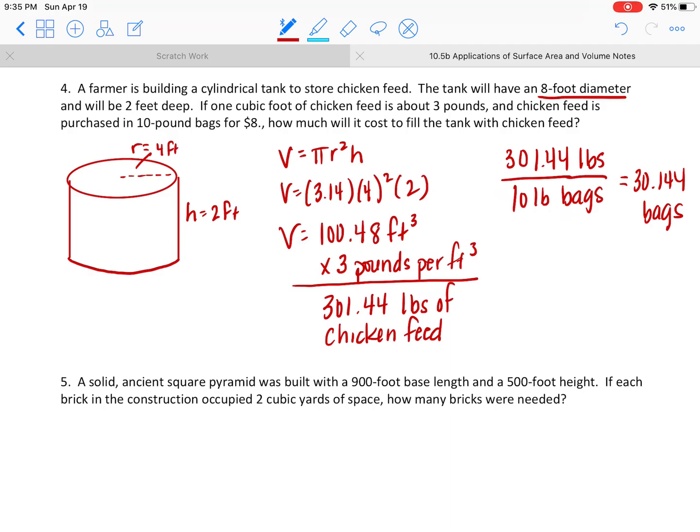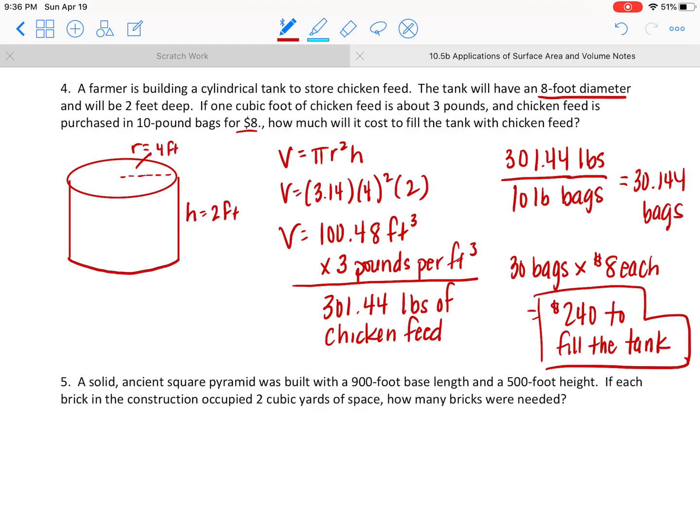We had 30.144 bags. Obviously you're not going to buy 0.144 of a bag, and 31 bags wouldn't fit. You're going to have it spilling over. So let's just say we can fit about 30 bags. So we can fit 30 bags times $8 each. And 30 times 8 means it's going to cost about $240 to fill the tank with chicken feed.